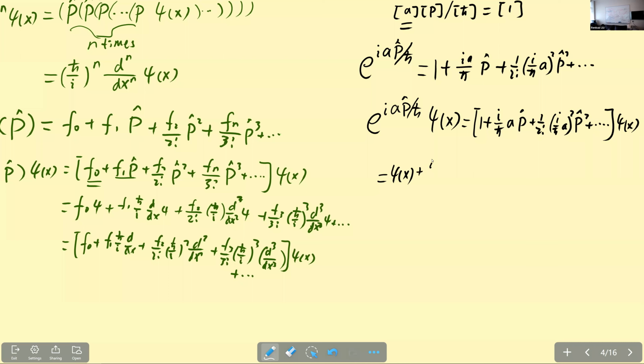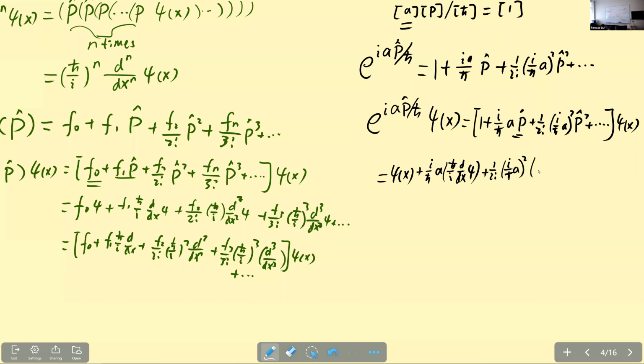The second one will be i over h bar times A times h bar over i d over dx and psi, right? Because that's a P operator, it's just h bar over i times d over dx. And then the next term is 1 over 2 factorial i over h bar times A squared.